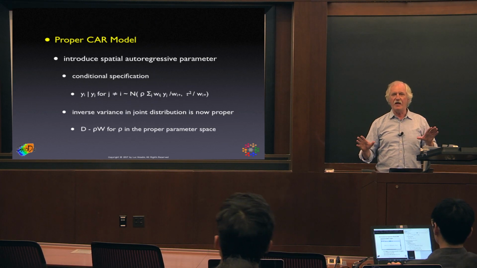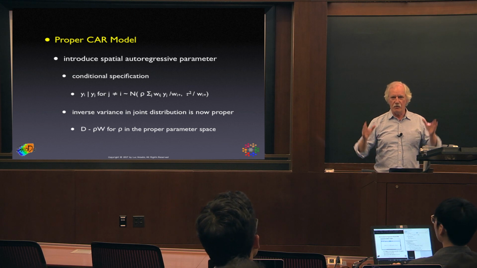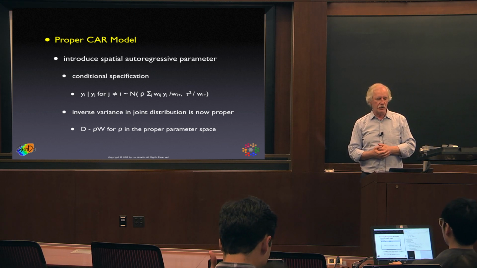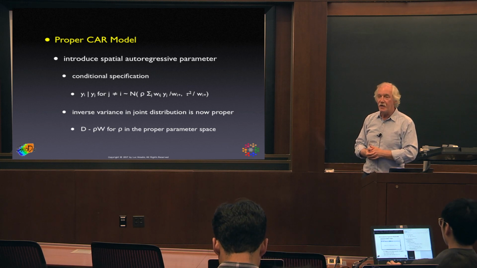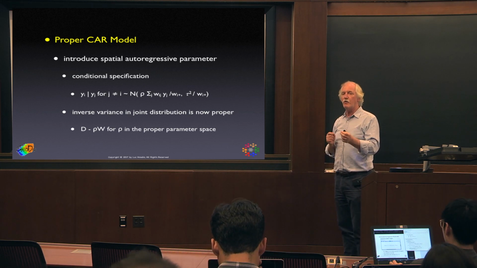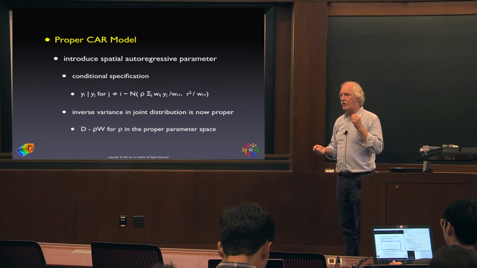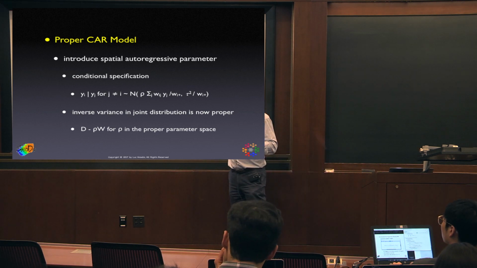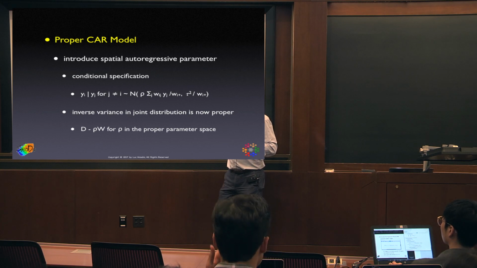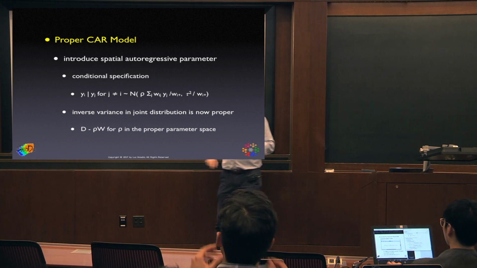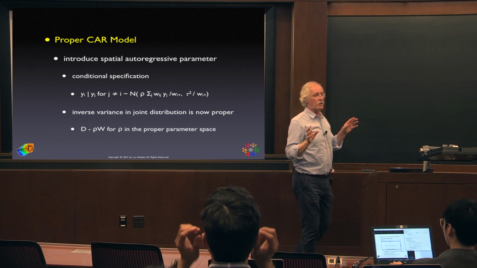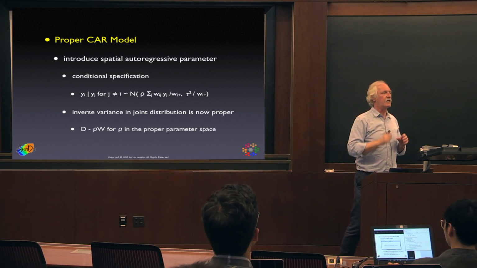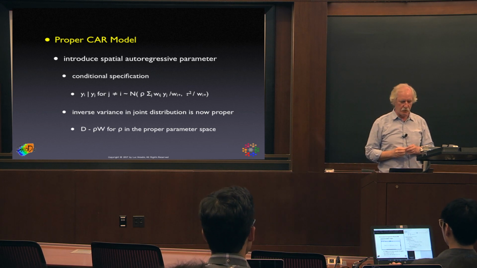So now we're finally with a model that actually works. So that's a proper CAR model, conditional autoregressive. And the big difference between the intrinsic autoregressive and the proper one, it's kind of subtle, and you might not have noticed it, is this rho. So now we have a parameter here. So it's no longer singular. It doesn't sum to 1 anymore because we scale it by this rho, and rho is less than 1.